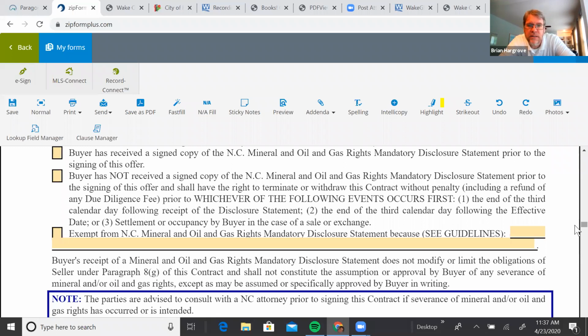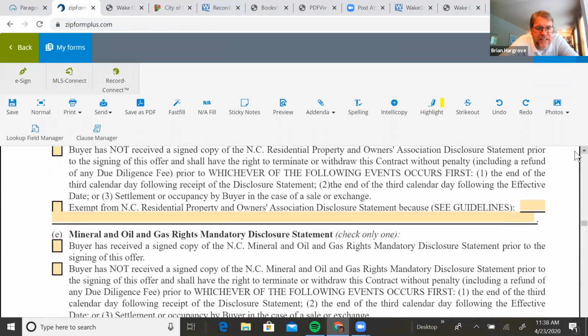So my whole point is get them up front if you can. If you can't, check the next box down and then tell your buyers they have a 3-day right to get out of this contract from the day that they get the disclosures or the day they go under contract, whichever happens first.